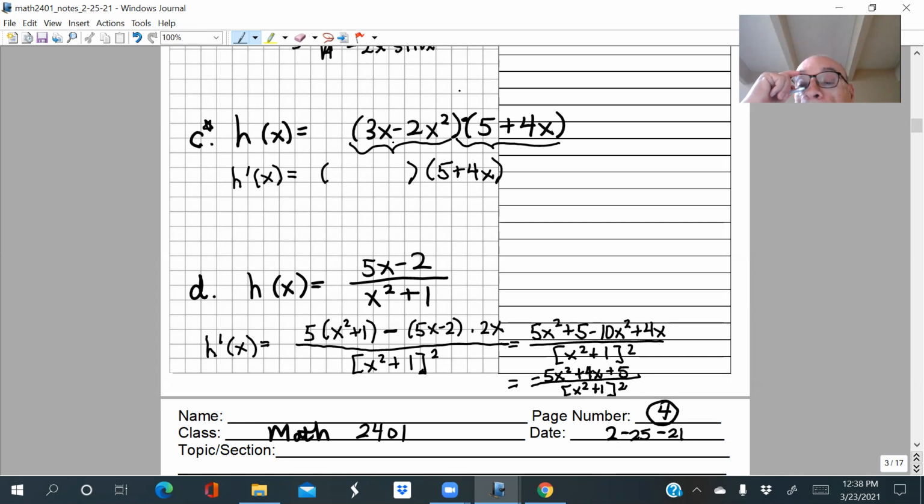So let's see if someone wrote that one down. Angel, I see your name there, so I hope you're still with us. Do you know the derivative of 3x minus 2x squared, Angel? You can type it in if you can't say it.